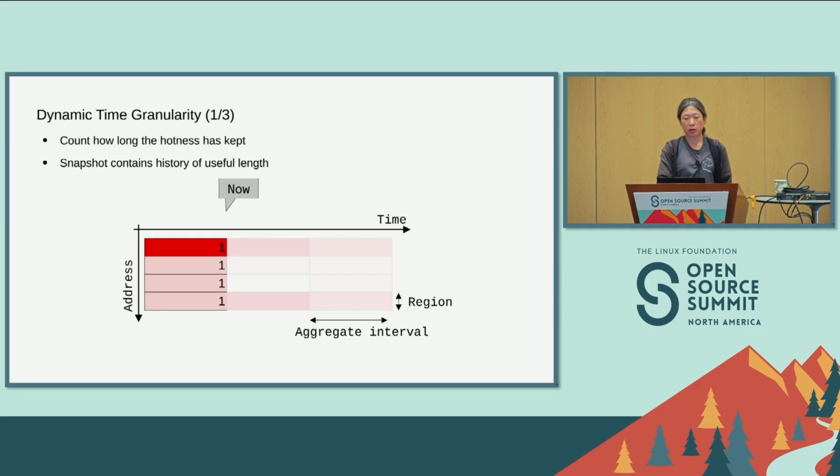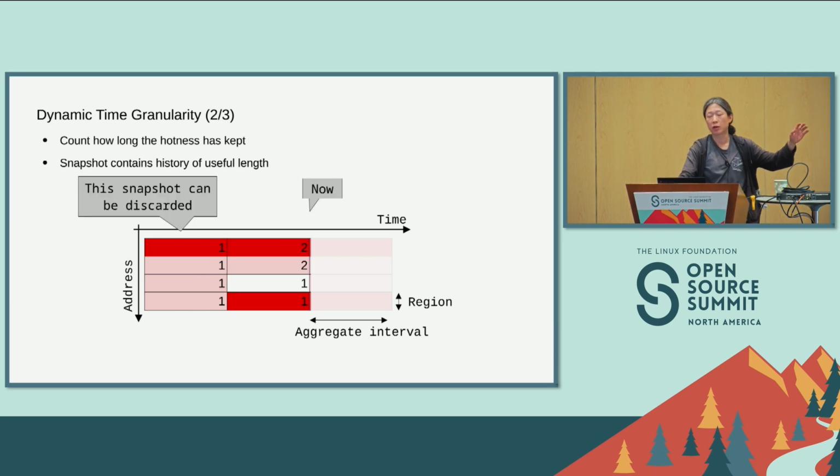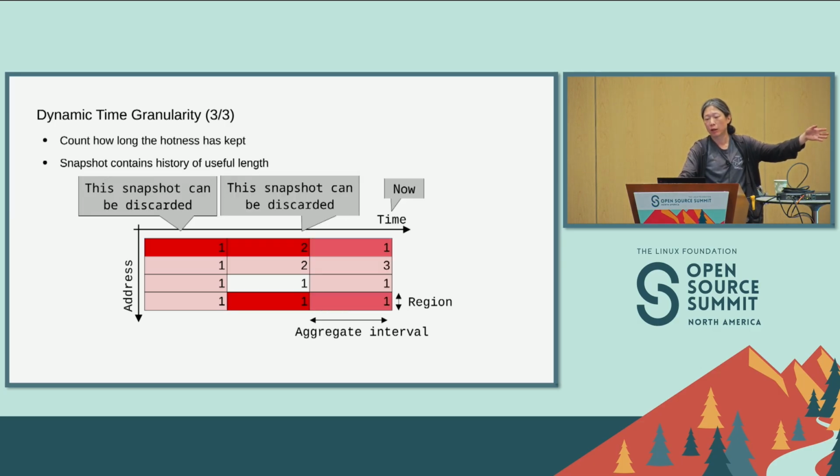And then, for example, on this heat map, if this is the time, the age counter would look like this. Age is the name of the counter, and it can increase if the access frequency has continued or reset, and therefore, as a result, each of the snapshots contains a sort of history of useful length.